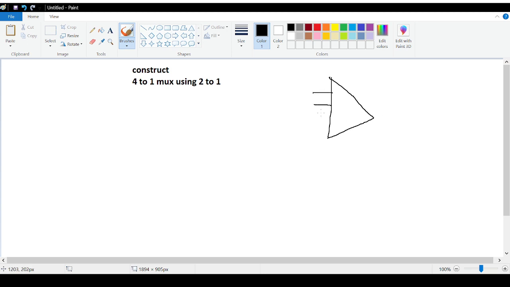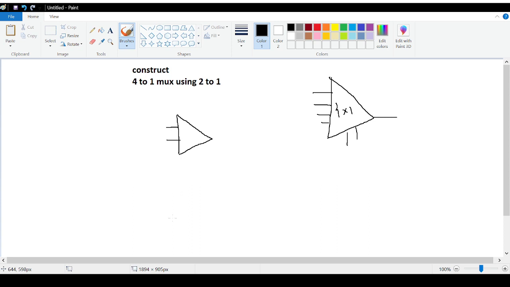So again, 4 to 1 mux has 4 inputs and it has 2 selector bits and 1 output, right? We need to construct this using our 2 to 1 mux. Now since 4 to 1 mux needs to have 4 inputs, how many inputs does our 2 to 1 mux have? Ma'am, 2. Right, it has 2 inputs.